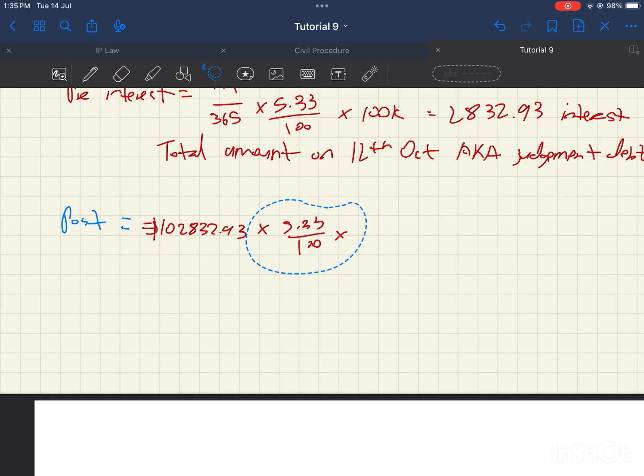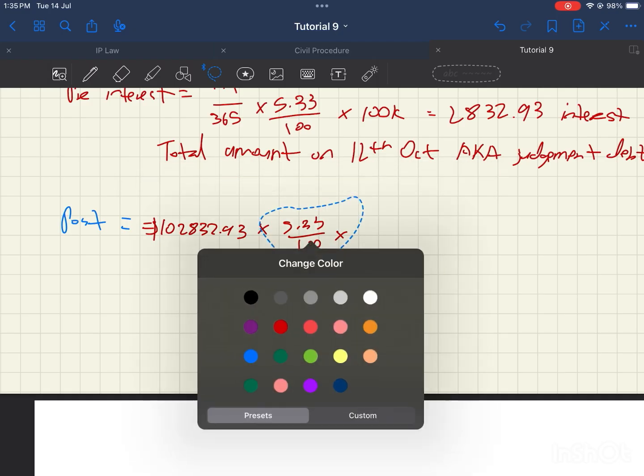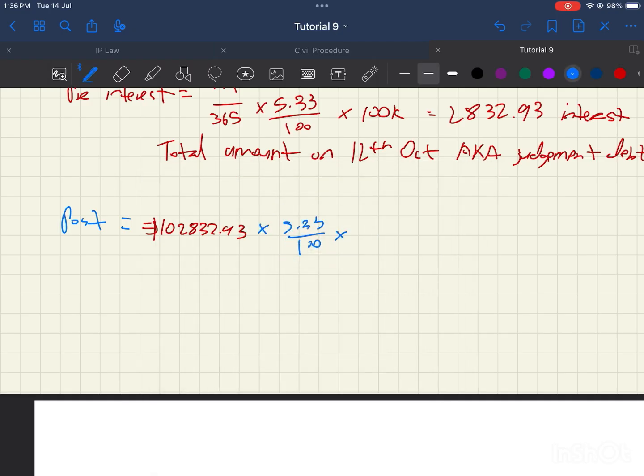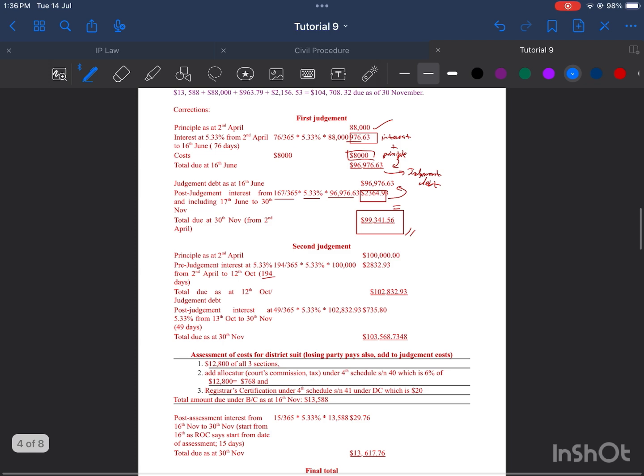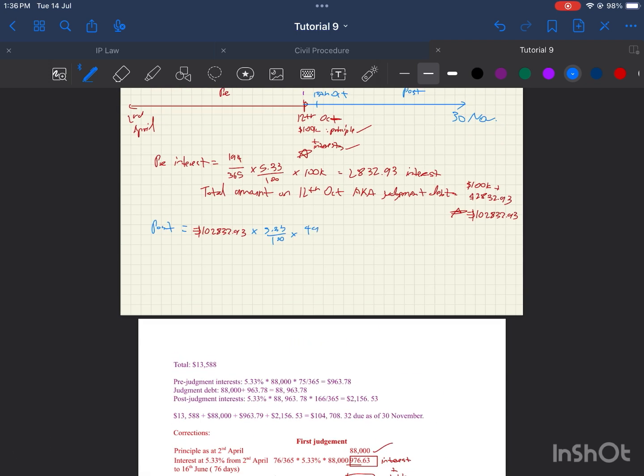And how many days is that? 13 October to 30 November. It's 49 days. So 49 over 365. And you get $735.80. And remember, this is the interest, and you gotta always add the interest up with the principal.